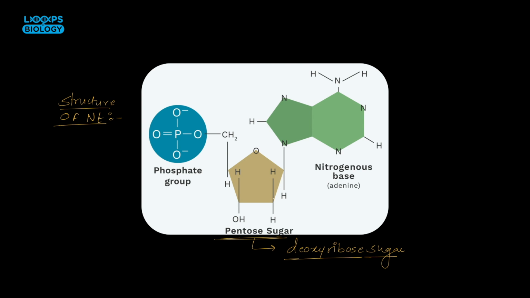On the 2 prime carbon, I see there is only hydrogen and not a hydroxyl group. That means I have removed one oxygen from the 2 prime carbon, and that's why it is called deoxy. That means one oxygen less compared to ribose sugar. So this is my nitrogenous base, pentose sugar, and attached phosphate group. This complete structure is going to form my nucleotide.